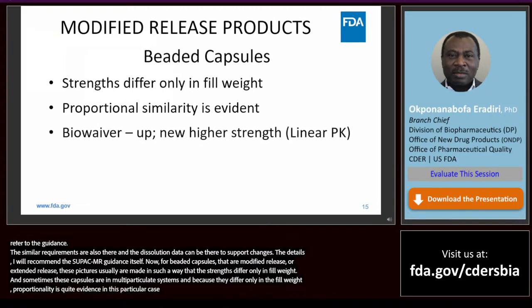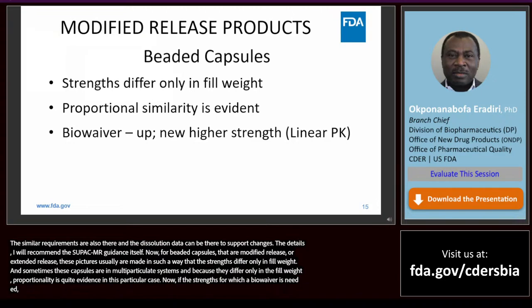Now, if a biowaiver or a particular change is needed, then usually it is for the lower strengths.